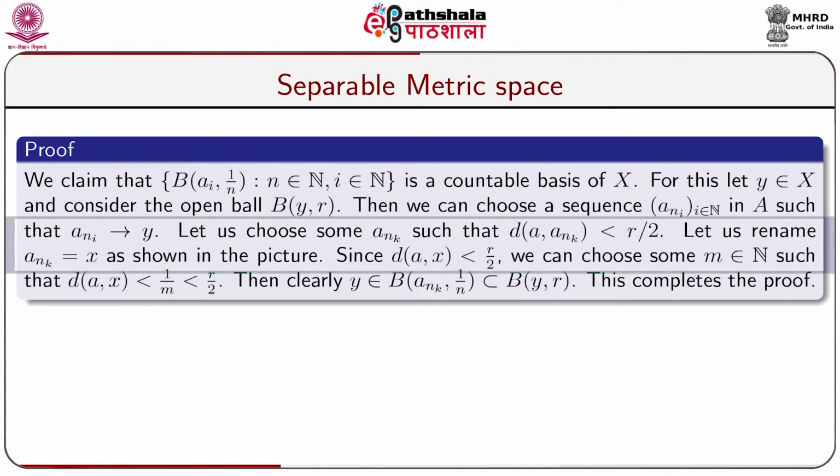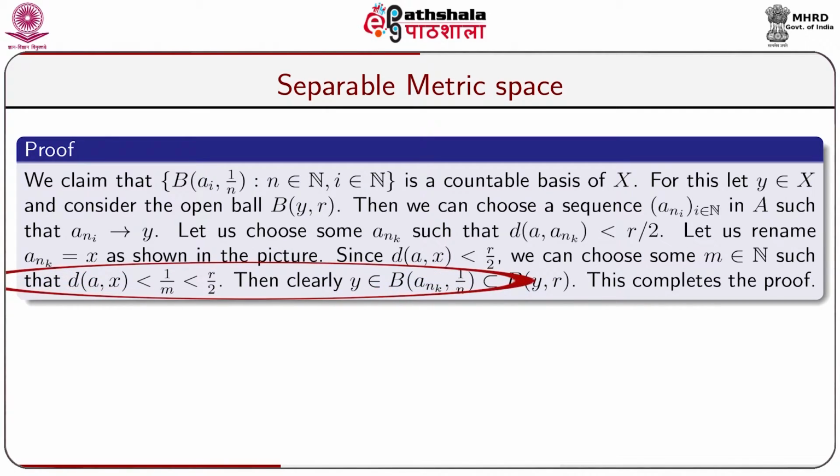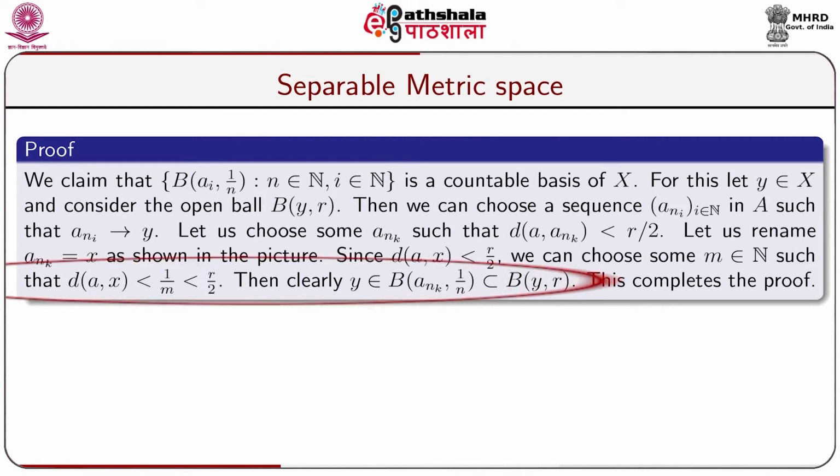Let us rename a_{n_k} as x as shown in the picture. Since d(a, x) is less than r/2, we can choose some m belongs to N such that d(a, x) is strictly less than 1/m, which is less than r/2. Then clearly y belongs to B(a_{n_k}, 1/n), which is a subset of B(y, r). This completes the proof.